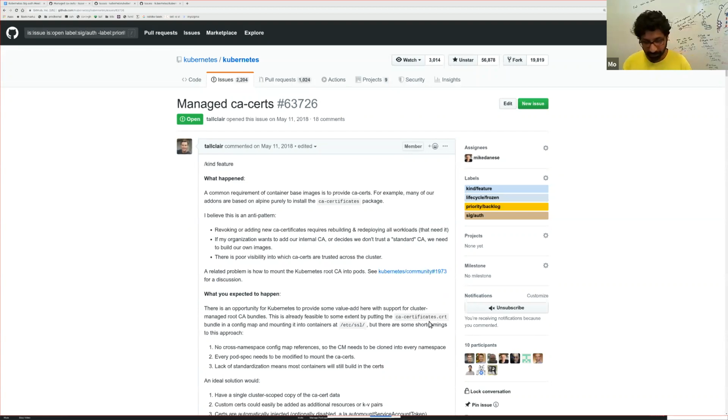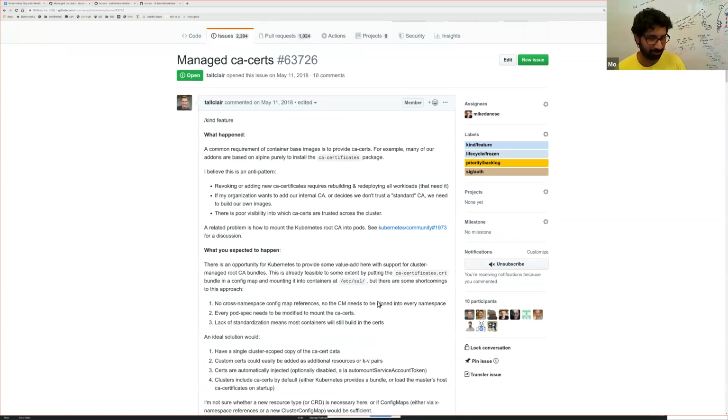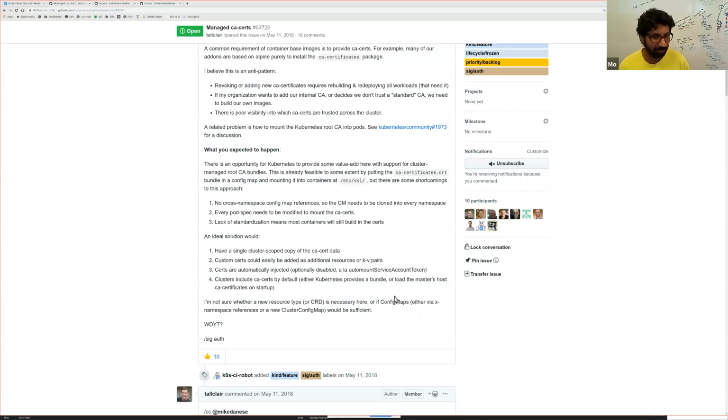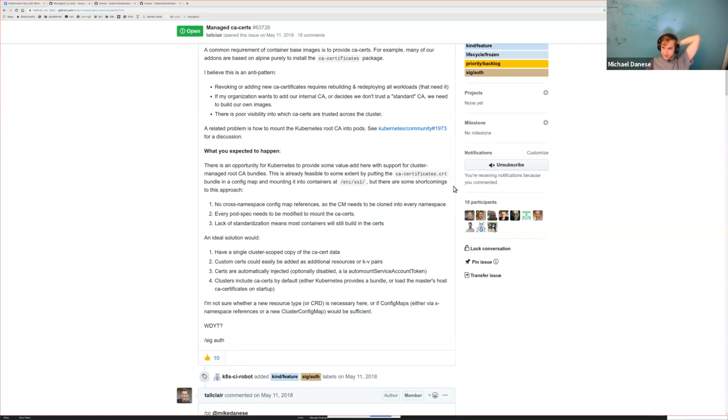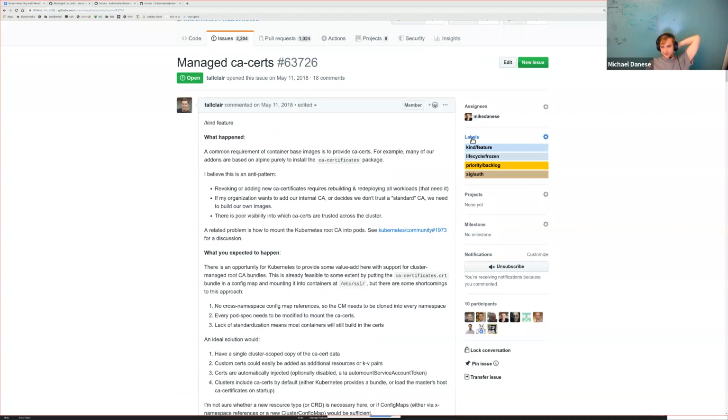I said there are no KEPs or anything for cluster scope config, right? It's just the location of a config map somewhere in some namespace, or copy it everywhere. I think this could be a cluster scoped config map or something a little more specific to CA certificates. Should I add help wanted?